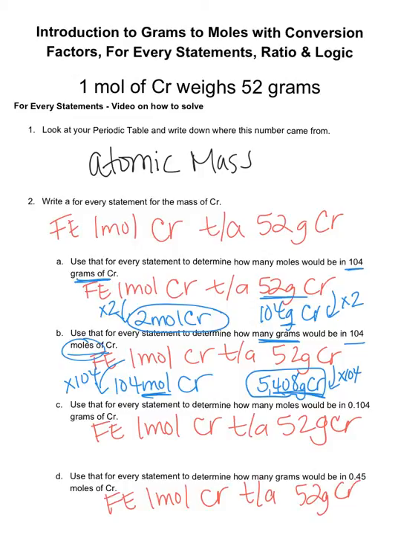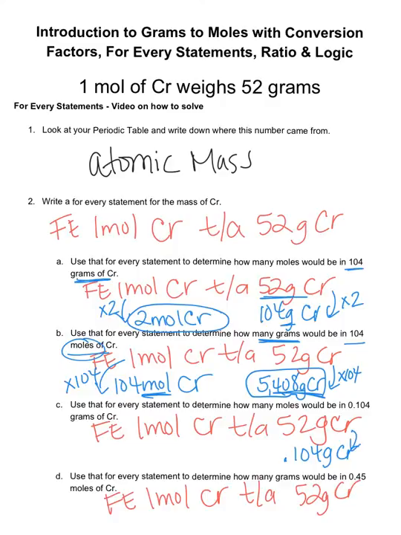For the next one, I'm going to say, use my for every statement to determine how many moles would be in 0.104 grams of Cr. So it becomes a little more difficult when it's not a nice round number. And so what number, 52 times what number will give me 0.104?